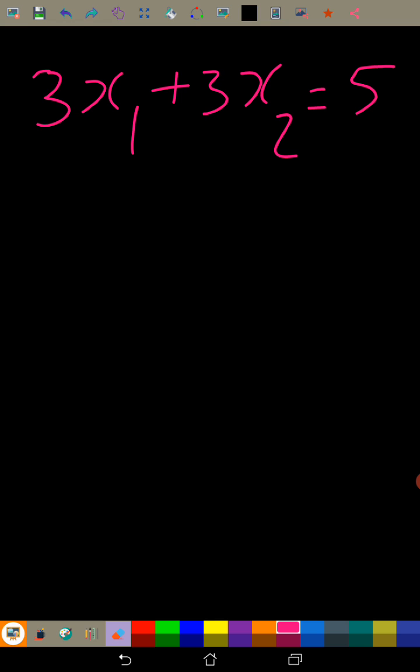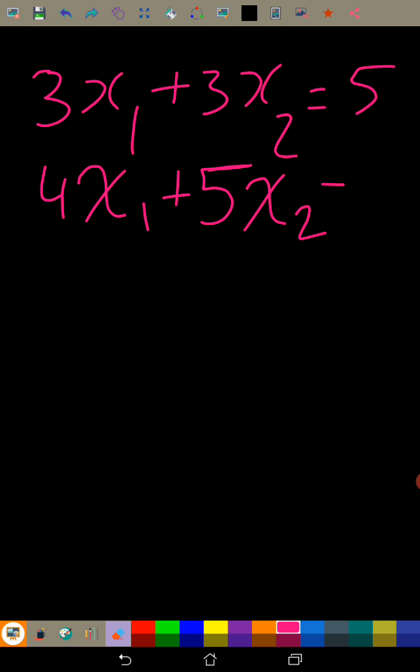So we can have like 3x1 plus 3x2 is equal to 5. So let's say we have another equation, 4x1 plus 5x2 is equal to 6. So I can write them in a matrix.